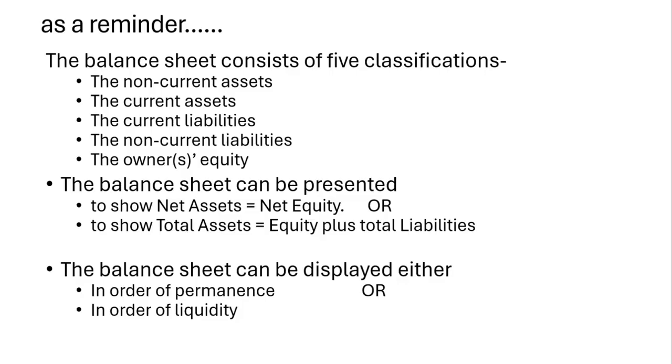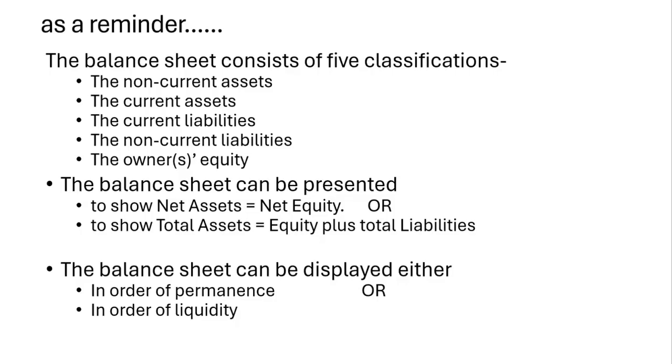Alright, a little reminder, the balance sheet consists of 5 classifications: non-current assets, current assets, current liabilities, non-current liabilities, and the owner's equity. Also note that a balance sheet can be presented either to show net assets equal equity, in other words A minus L equals E, or to show total assets equal equity plus total liabilities, which would be A equals E plus L. The balance sheet can also be displayed either in order of permanence or in order of liquidity.